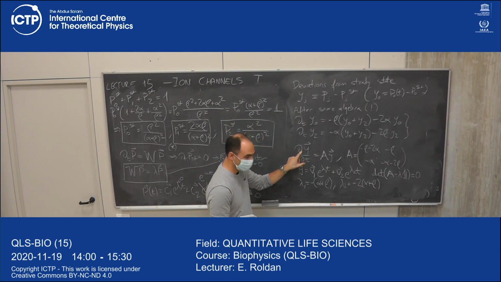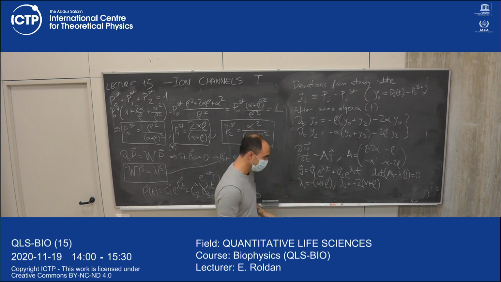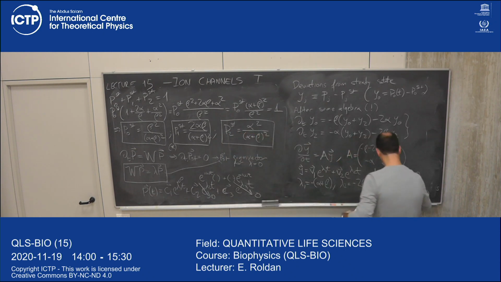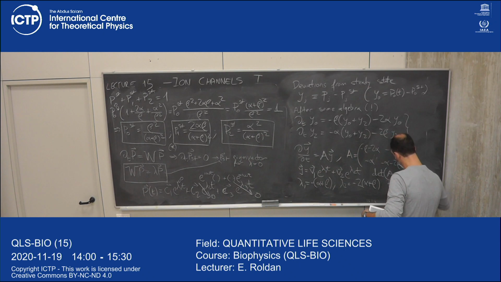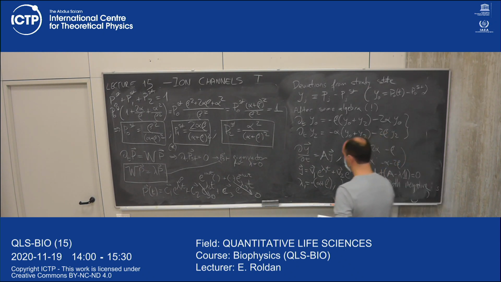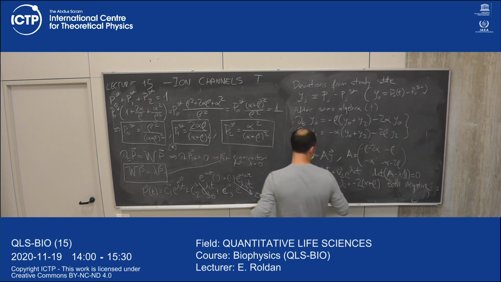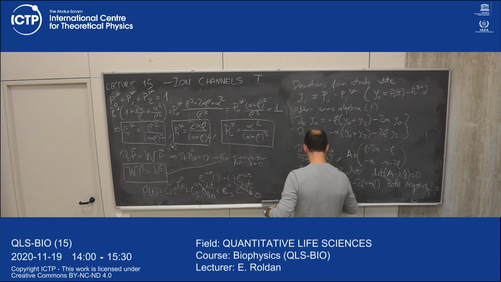This is not partial t of P equals matrix times P. This is partial t of something else: the deviation from steady state. Both are negative, which means that y in the limit of t to infinity is equal to 0.